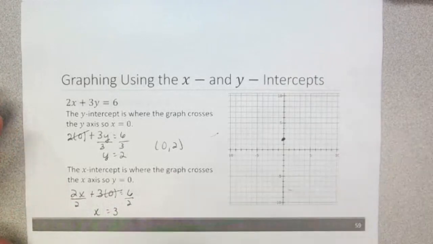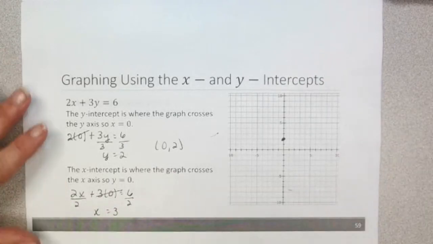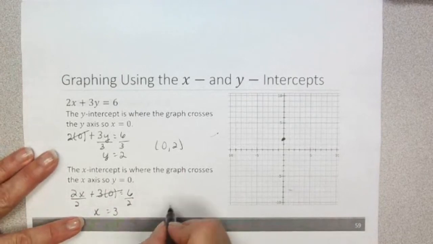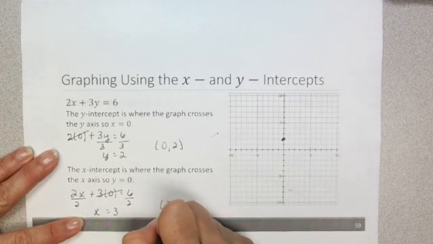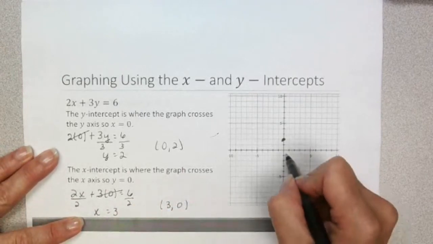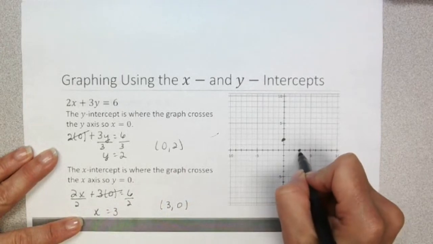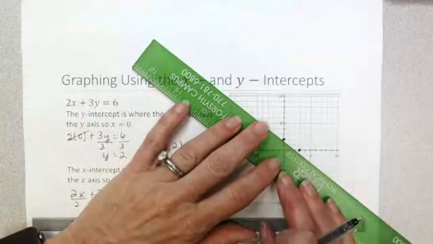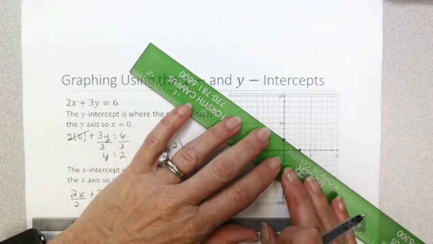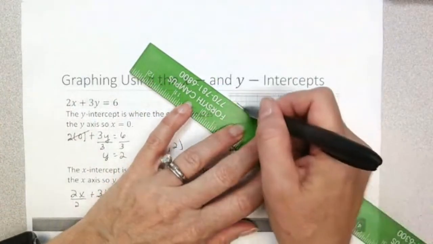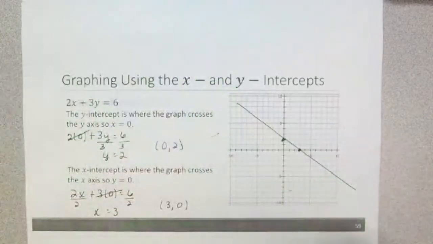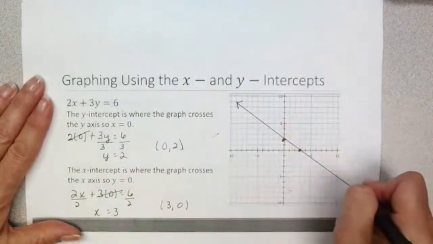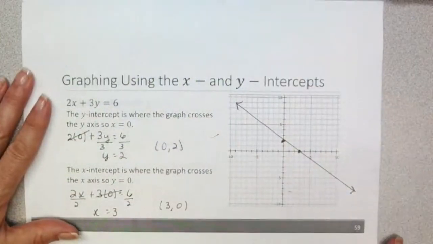Okay, so that means my x-intercept has the coordinates 3, 0. Right there. And that's all I need to graph this line, are those 2 points. Kind of close together, so I have to be careful with my straight edge. But that line is going to look like this. Okay.